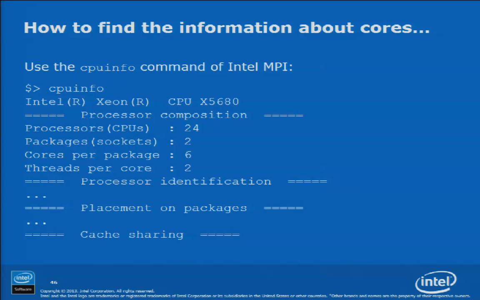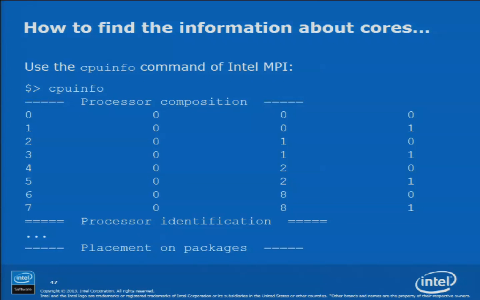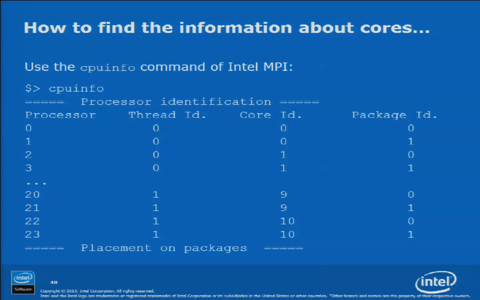Right? So this is the general statistics of the system. Then it will tell you which logical processor is on which package, on which physical processor, and which hyperthread on this physical processor. It will tell you for each logical processor which thread ID, on which core, and which package this is.